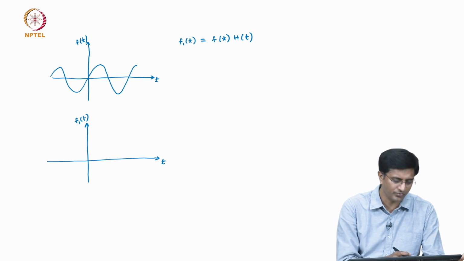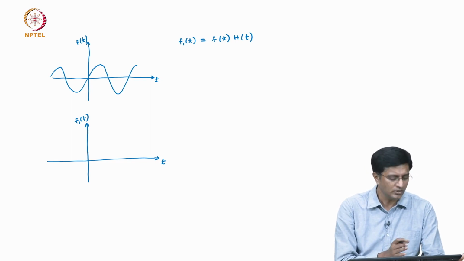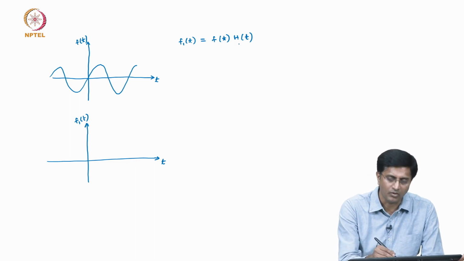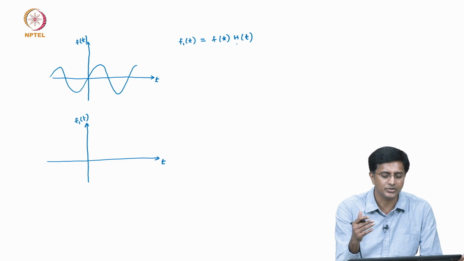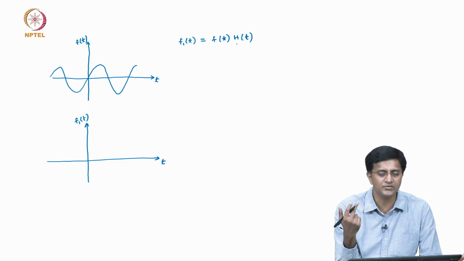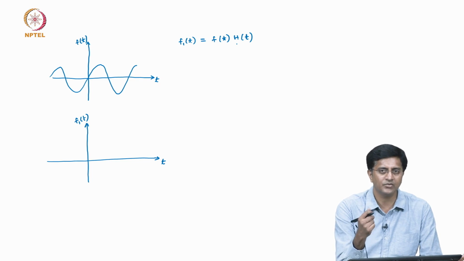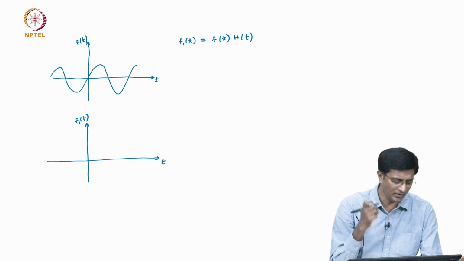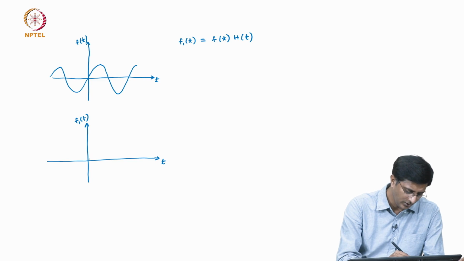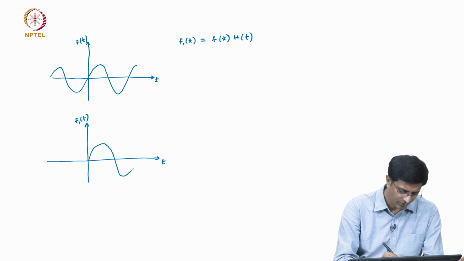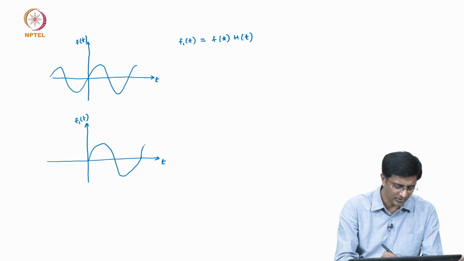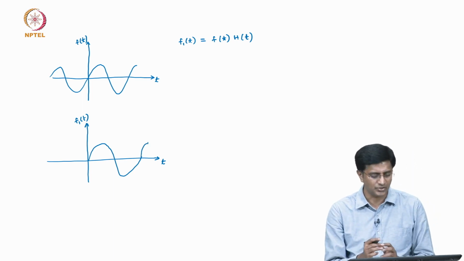So, to the left of time t equal to 0 there is no response. But beyond time t equal to 0, the Heaviside function value will give you 1, and that is multiplied by the function f of t. So, whatever function we have, f of t, that will be represented the same on the right side of time t equal to 0.